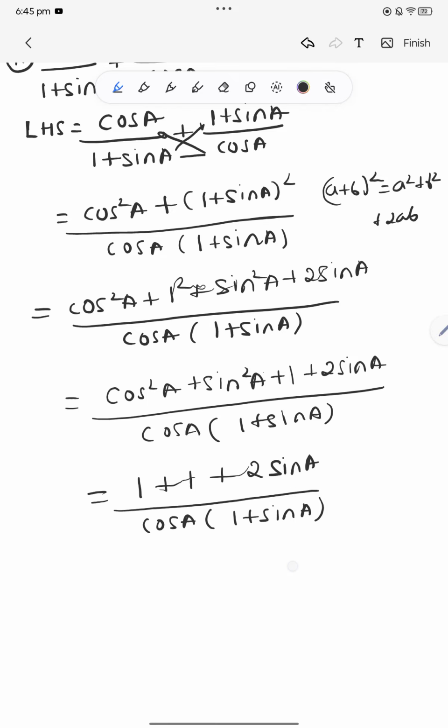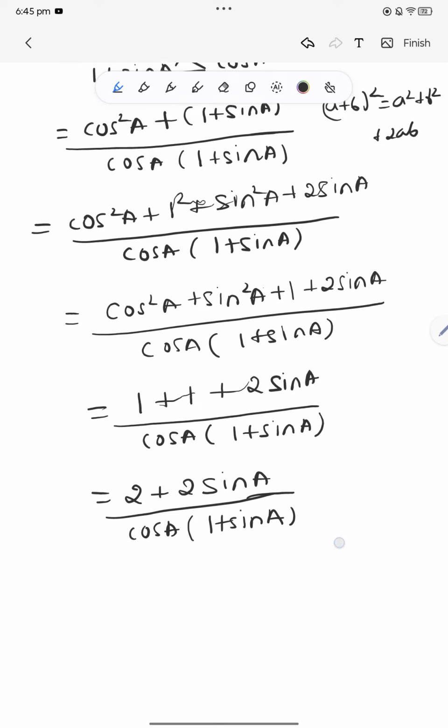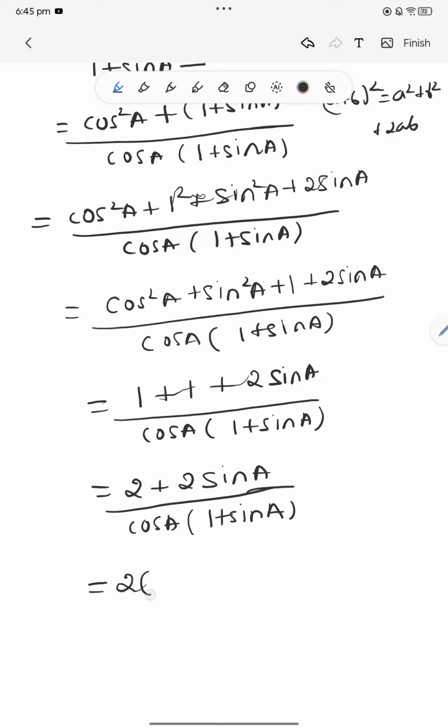So 1 plus 1 is 2, plus 2 sin A. From this we can take 2 common: 2 into (1 plus sin A) divided by cos A into (1 plus sin A).